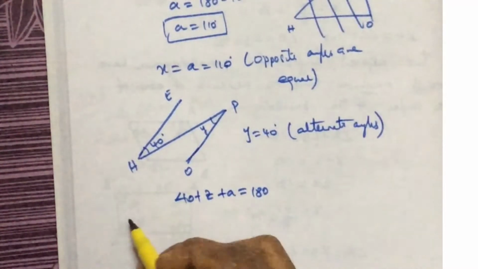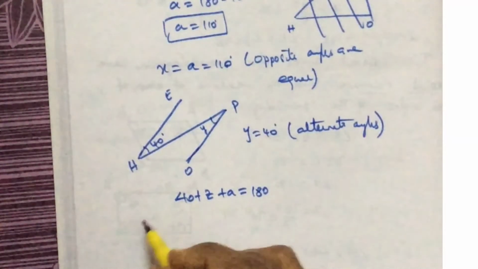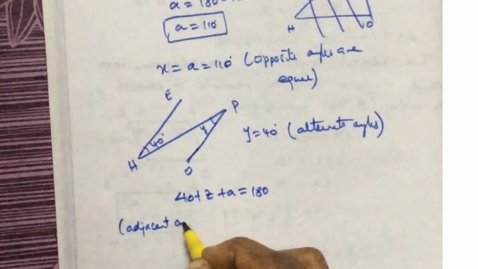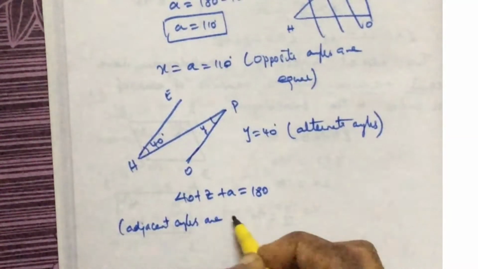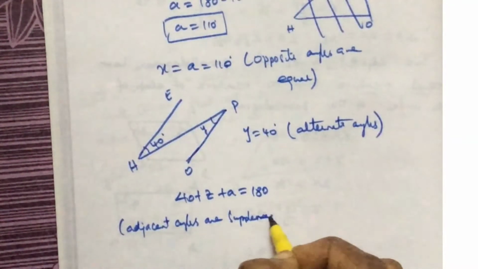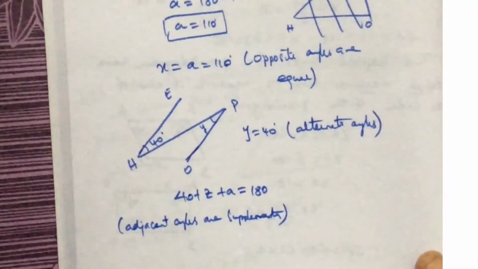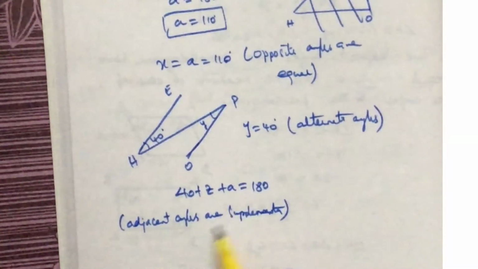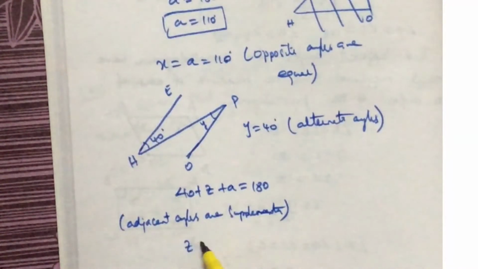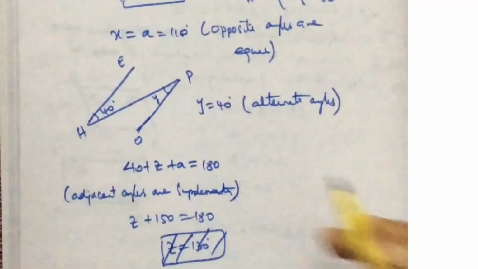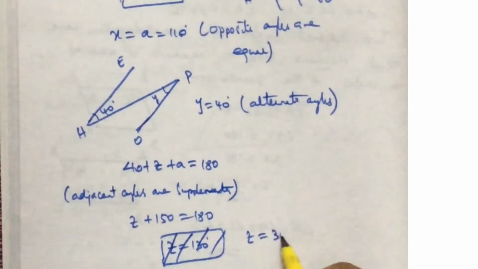The reason is that adjacent angles are supplementary. We know A is 110. So Z plus 150 equals 180. So Z equals 30.